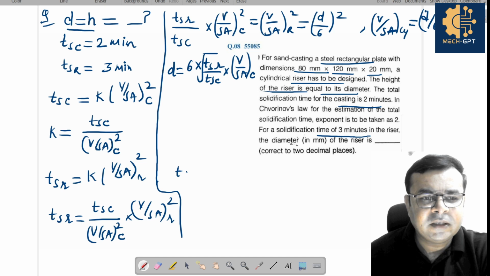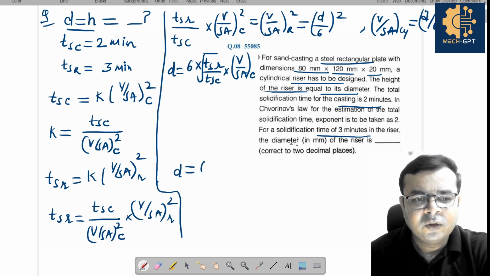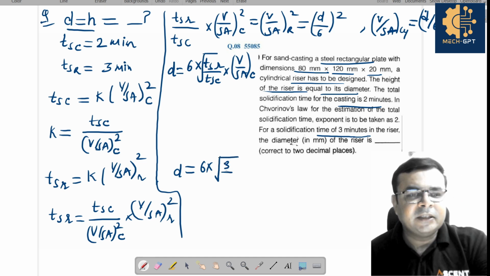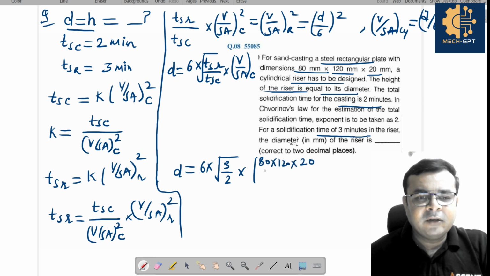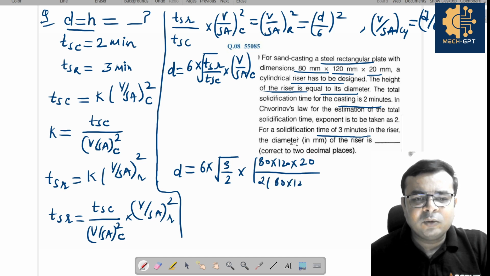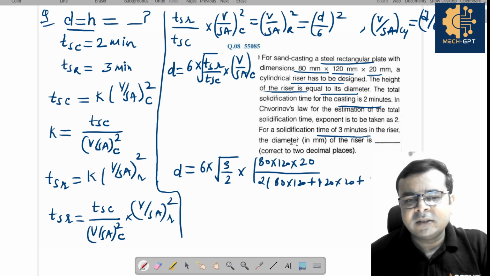The diameter of the riser is equal to 6 into square root of the solidification time of the riser, which is 3 minutes, the solidification time of the casting is 2 minutes, into V, that is 80 into 120 into 20, over surface area, that is 2 times of 80 into 120 plus 120 into 20 plus 20 into 80.